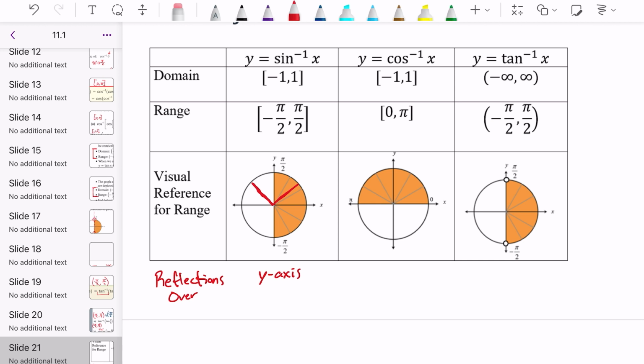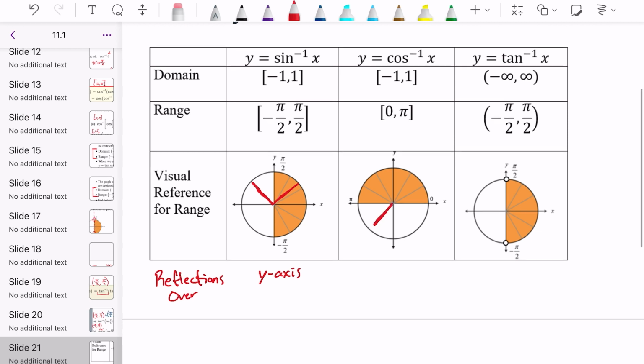When we're taking a look at the inverse cosine, in this case, if we ended up in a third quadrant, we would have to reflect over the x-axis and into the second quadrant. And the last would be the inverse of tangent.